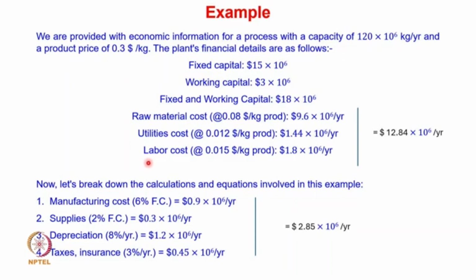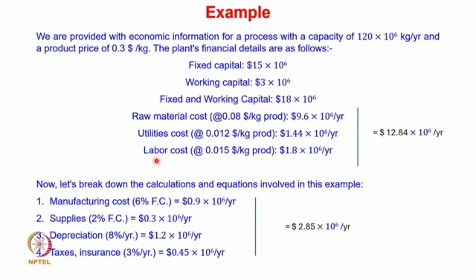And similarly we can calculate even the labor cost. So for labor cost, the rate is given here, which is 0.015 dollars per kg of production. So again we multiply by 120 x 10^6 and we get 1.8 x 10^6 per year. So you can see that these last three items are actually part of the operating cost, isn't it?